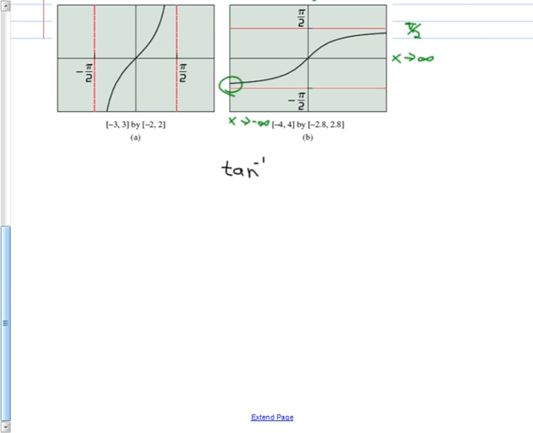F of x, or inverse tangent, as x approaches negative infinity, this will equal negative pi over 2. As my function approaches positive infinity, it equals pi over 2. Okay, we're familiar with that, so that's old stuff, just applying it to an inverse tangent function.